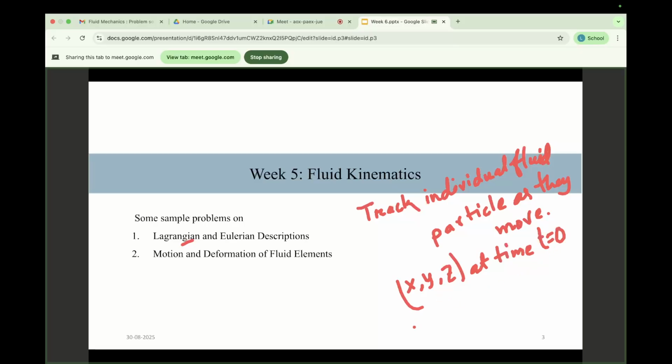If at a later time, say at any time t, I do not know about this position, so I write this position as a function of x, y, z and t, right? That indicates the position of this particle. So the Lagrangian approach tracks this individual fluid particle.